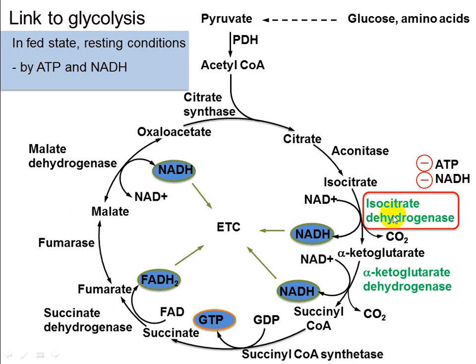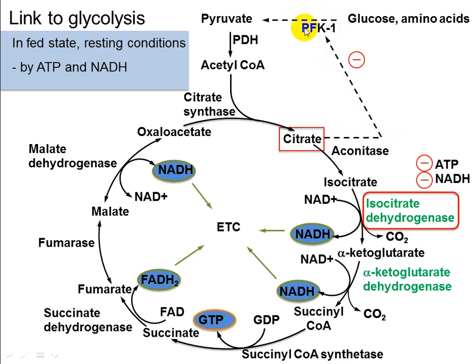Inhibition of isocitrate dehydrogenase by ATP and NADH leads to buildup of isocitrate and citrate, especially when the citrate level goes up. Citrate can be shuttled to cytoplasm. Rising level of citrate in the cytoplasm inhibits a key enzyme in glycolysis, and that is PFK1.